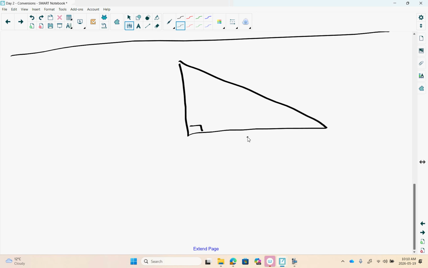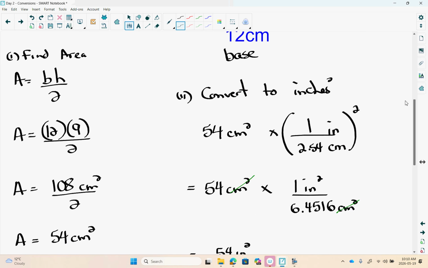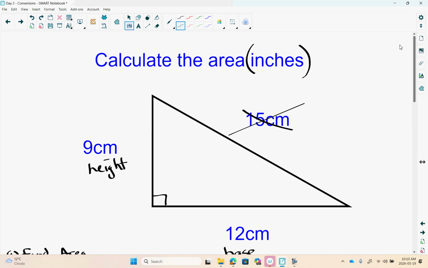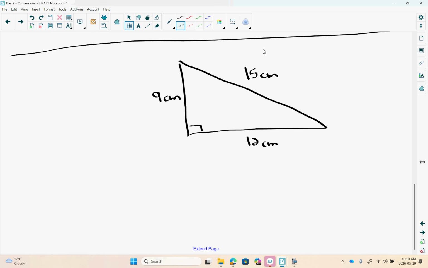It's got a base of 12 centimeters, 9 centimeters, and 15 centimeters. Step 1 will be to convert. Now again, technically, you should do the area first, then convert. Just make sure to square your conversion factor, but I'll allow you to do it this way if you like.